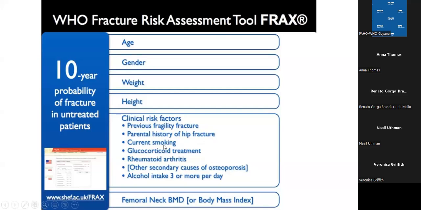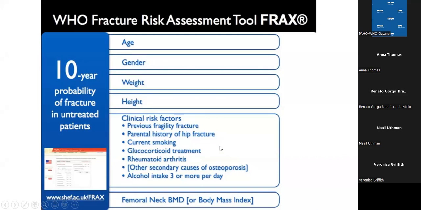If a patient has diabetes, you can click on the rheumatoid arthritis item and choose yes.